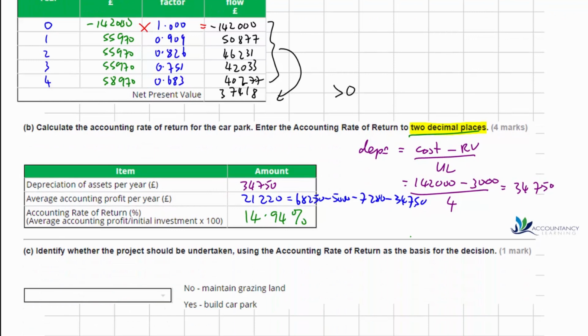So, part C of the task asks us to identify whether the project should be undertaken using the accounting rate of return as the basis for the decision. So we already identified, didn't we, for the net present value, that was greater than 0, so that said we should go ahead. But for the accounting rate of return, we've got this score of 14.94%, so should we go ahead with it or not?